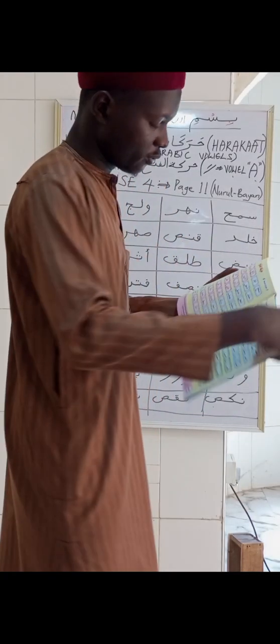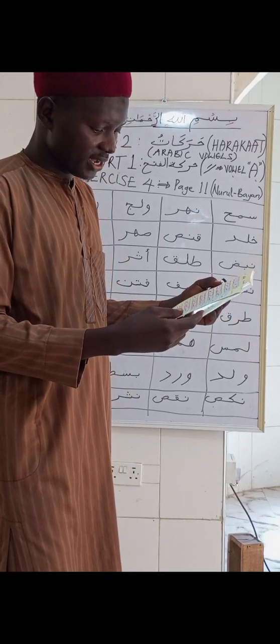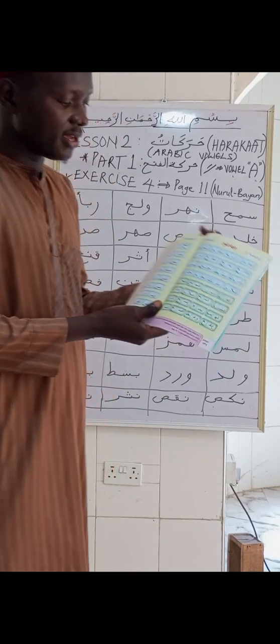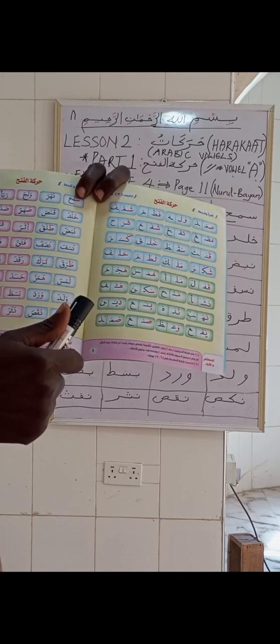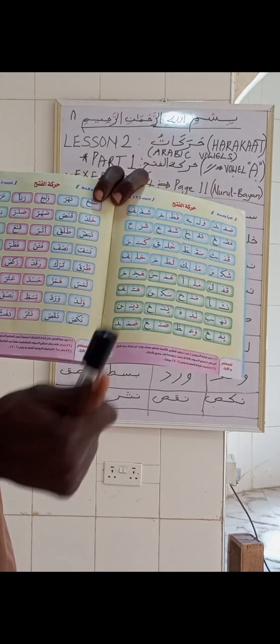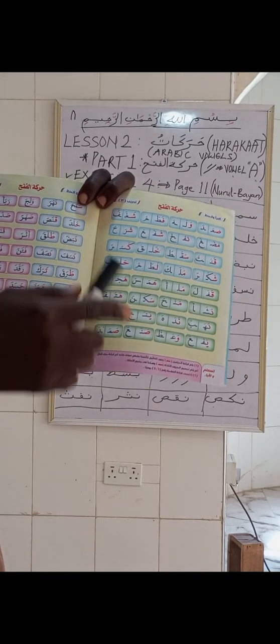Let me quickly go through the assignment before we proceed. In the assignment, the fourth column is the assignment. For those of you that have done it, you can watch if you are correct. That is how to read and how to link.